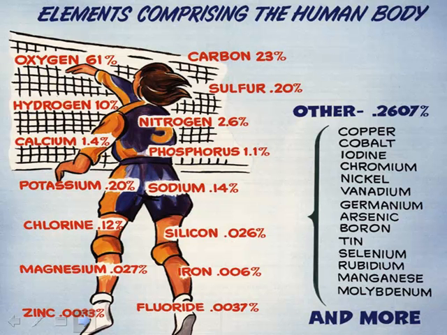So oxygen is the most common element in the human body. Then we have carbon at 23%, hydrogen at 10%, nitrogen at 2.6%, and everything else is less than that. And of course, we have lots of trace elements in the body, but you'll notice that by far the big ones are oxygen, carbon, hydrogen, and nitrogen.